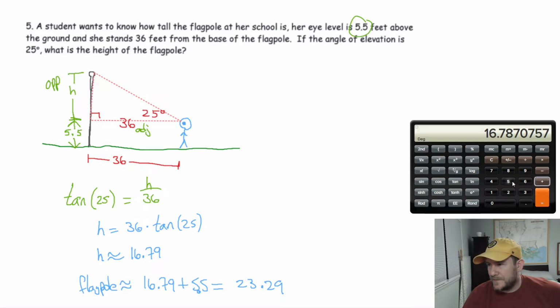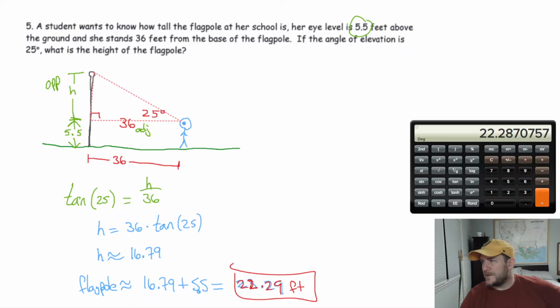Oh, so just add 5.5 to this. 22.29. That's what I said. So I screwed it up. How did I screw that up? I don't know. I think I got ahead of myself. I think I carried the 1 twice. This should be 22.29. Sorry about that. Alright, so these are all feet. So this is feet.